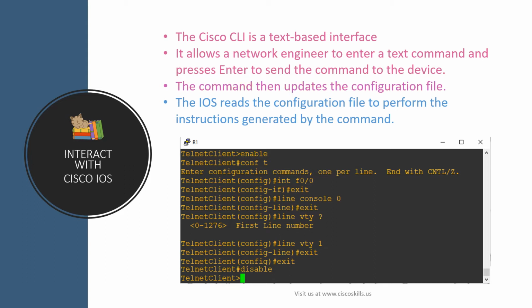The command then updates the configuration file stored on the device. The IOS then reads the configuration file to perform the instruction generated by the command. This is a screenshot of the Cisco CLI where you can interact with Cisco IOS.